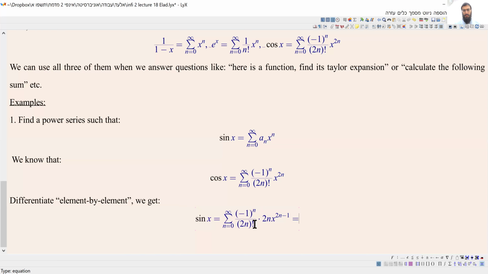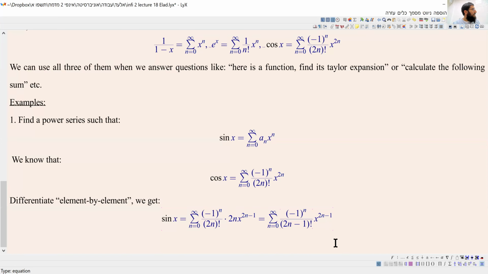And using the fact that 2n factorial is 1 multiplied by 2 multiplied by and so on, up to 2n minus 1 multiplied by 2n, we can go to the next step. 2n and 2n downstairs cancel each other, and we are left with 2n minus 1 factorial.